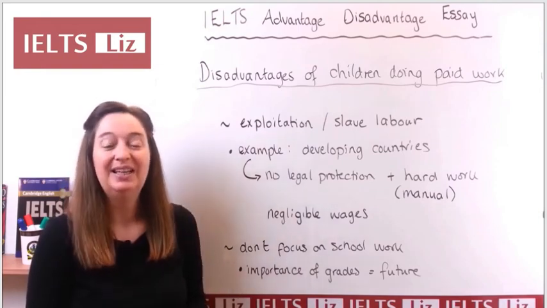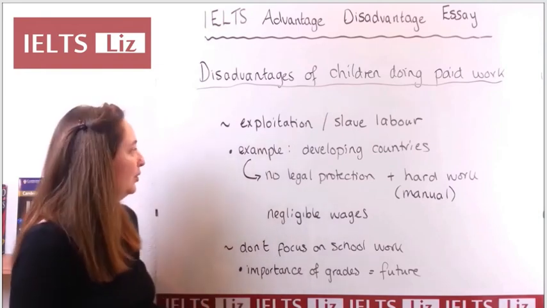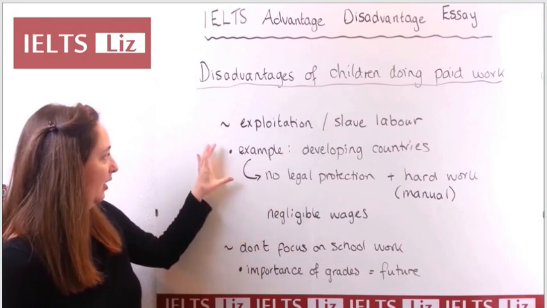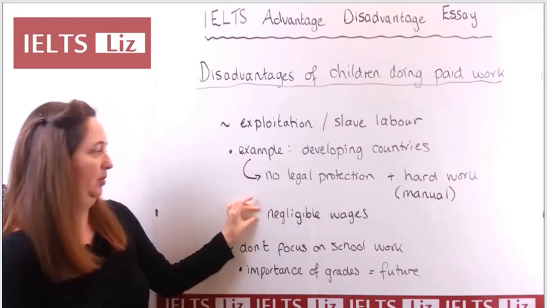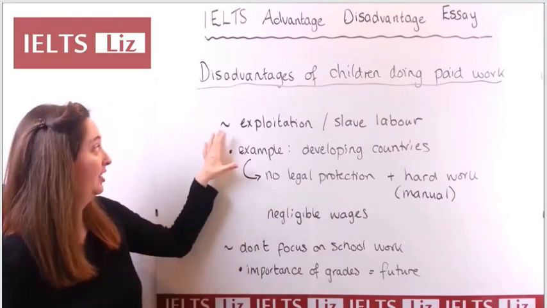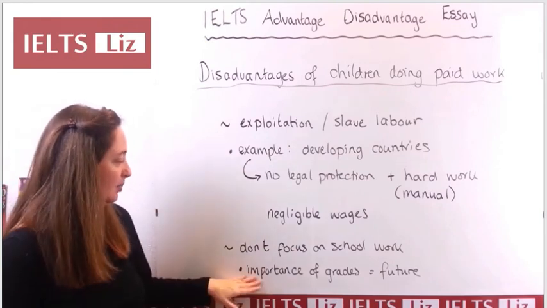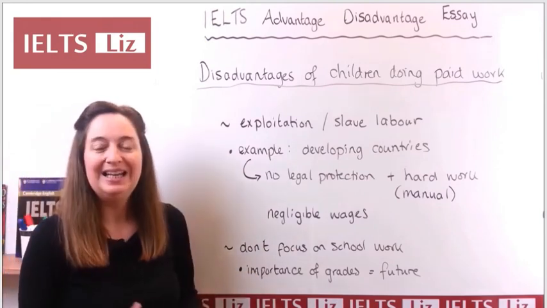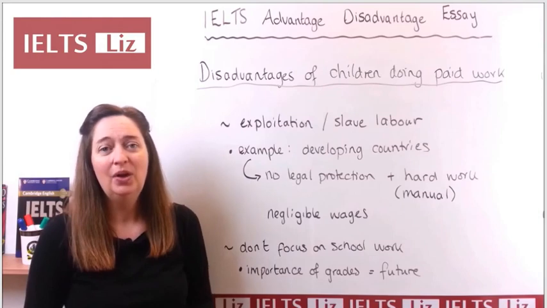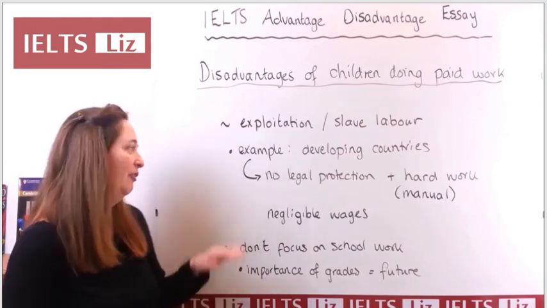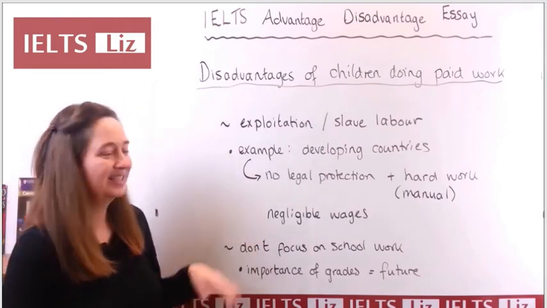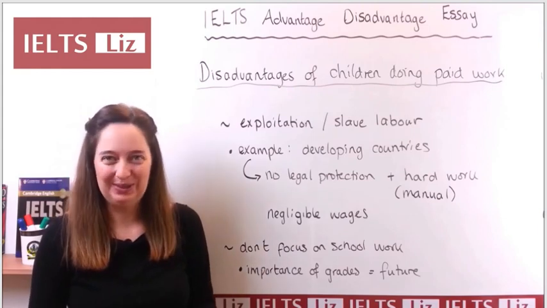No, not at all. It's up to you. You can also see that I'm planning to have 2 supporting points here for this disadvantage, but only 1 supporting point for this one. Is it important to have a balance? Well, it's good to have a balance, but if it's a difference of only 1 sentence, that's absolutely fine.